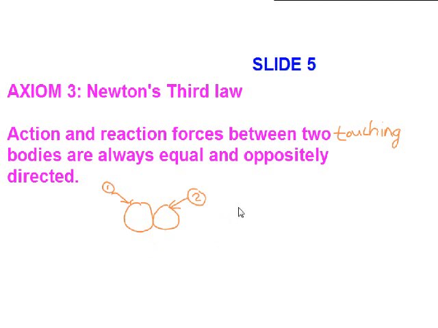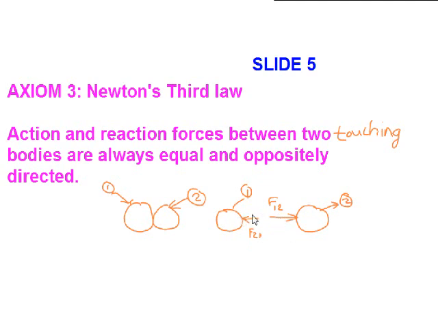Object 1 exerts a force on object 2. Let us call this the force exerted by object 1 on object 2. Now according to this law, object 1 will also be subjected to a force F21, that is, the force exerted by object 2 on object 1.